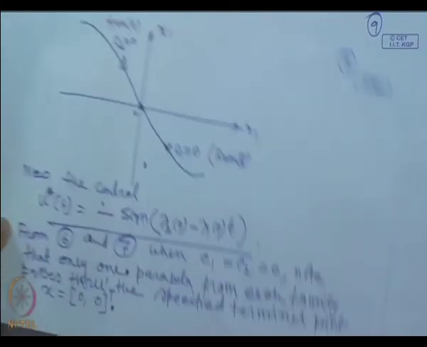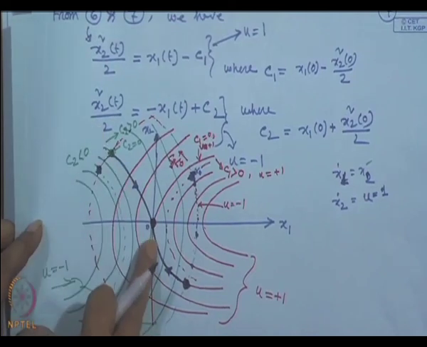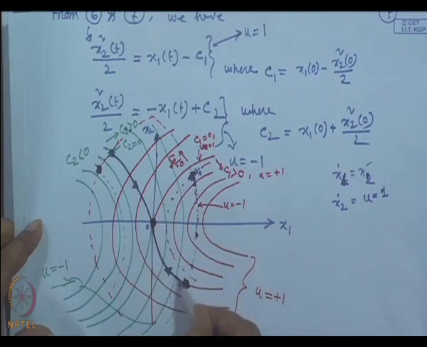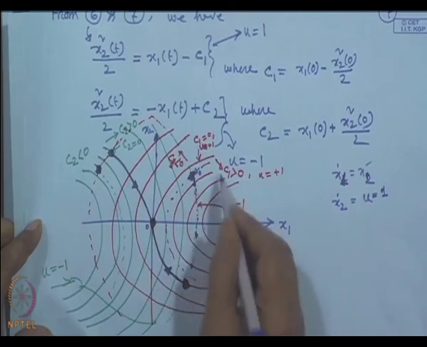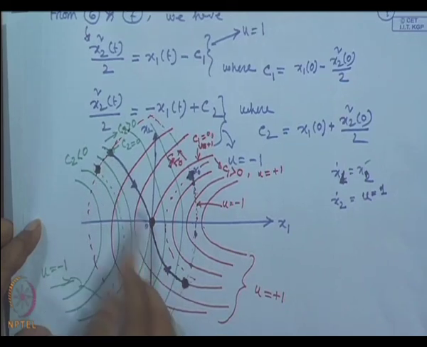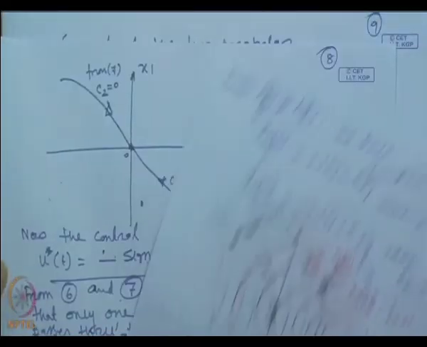This one is a segment of two families of parabolas: the segment of this one and another parabola. This is the set of families of parabolas which pass through the origin, and they intersect and form the switching curve. The equation of the switching curve we will discuss later, and how to take the decision when to switch from u plus 1 to minus 1, we will make some logic behind this. We will explain this next class.